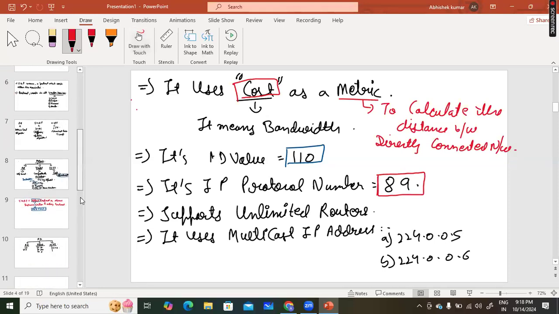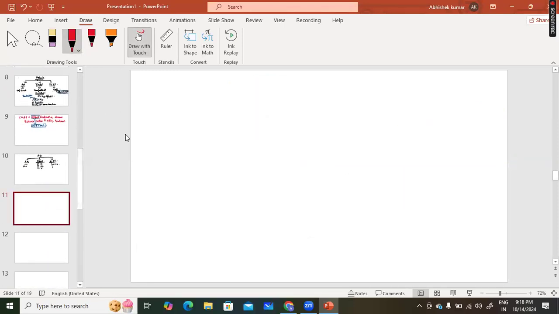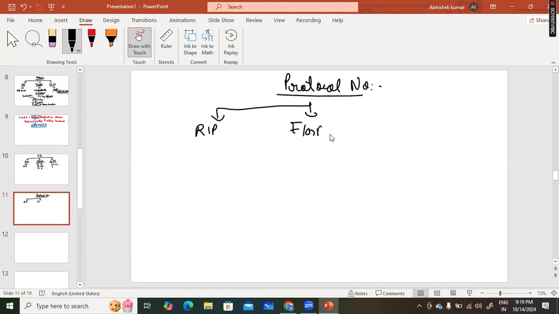Now what are the protocol numbers for RIP, EIGRP, and OSPF? What is the protocol number for RIP?